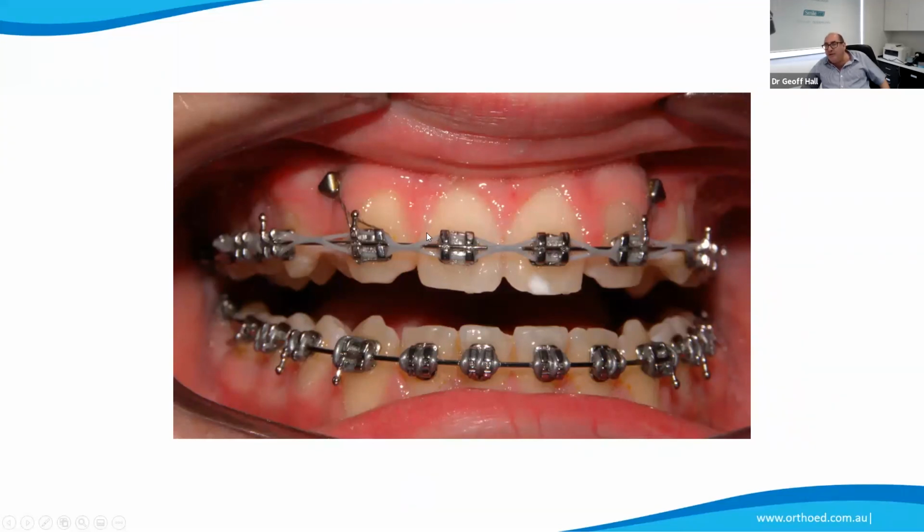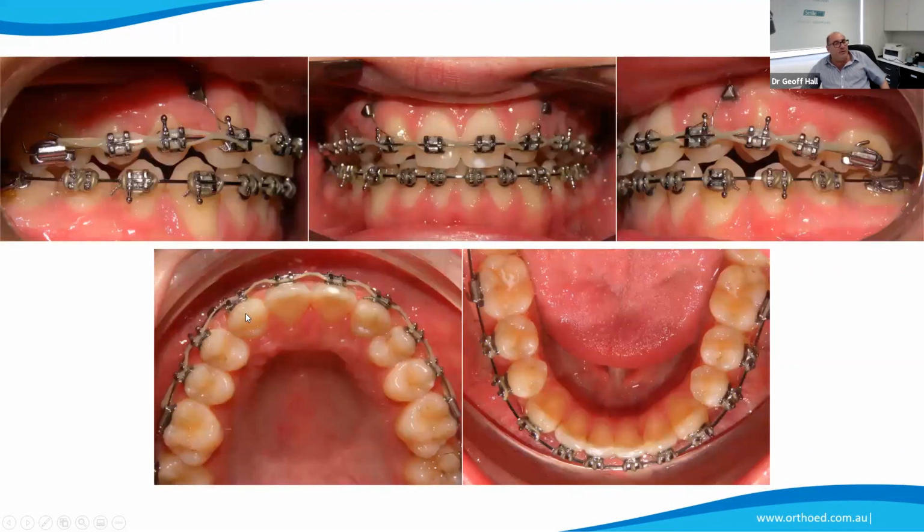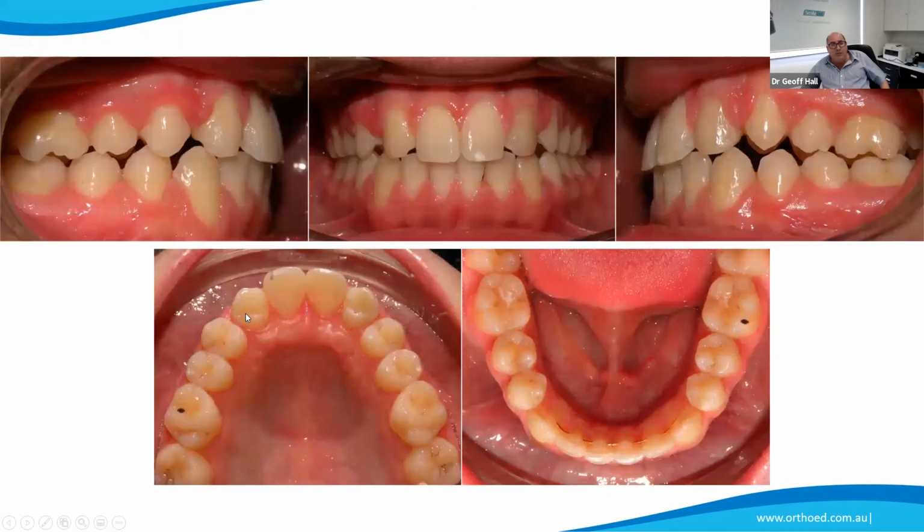Otherwise, there's a lot of bull dust that's said to you by the implant companies. So by doing that, we can now move the posterior teeth forwards without moving the anterior teeth back. And that's what we started to do, and we ended up with not a great result, but a very acceptable result on the basis that this was a real compromised treatment plan.